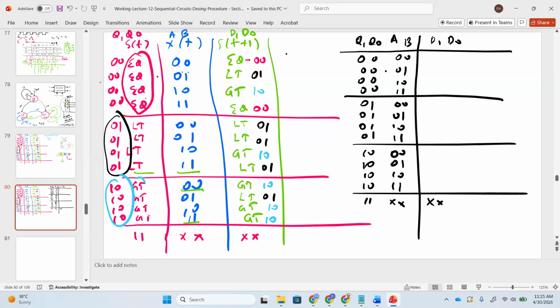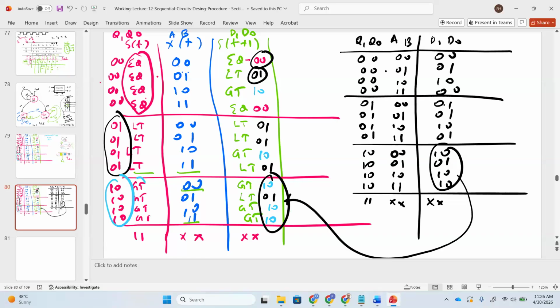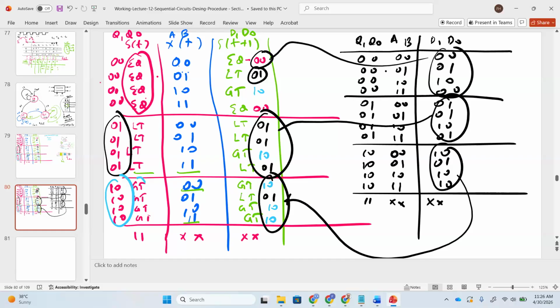So basically the output is D1: 0 0 0 1 0 1 1 0, then 0 0, then 0 1, then 0 1 1 0 0 1 1 0 0 1 1 0 and 1 0. These are the same thing as this. Any question? Clear or not clear? Yes, clear.